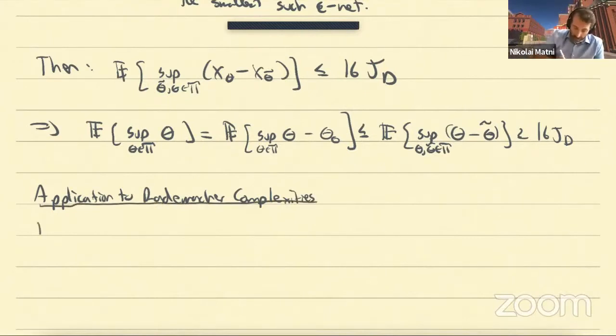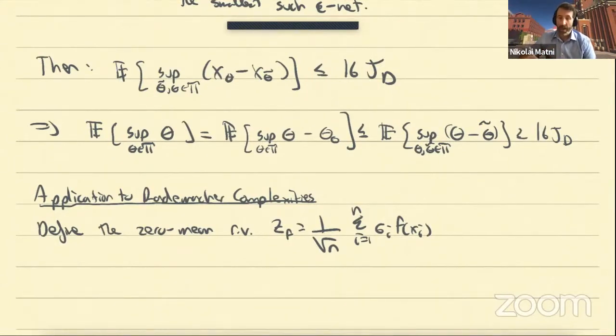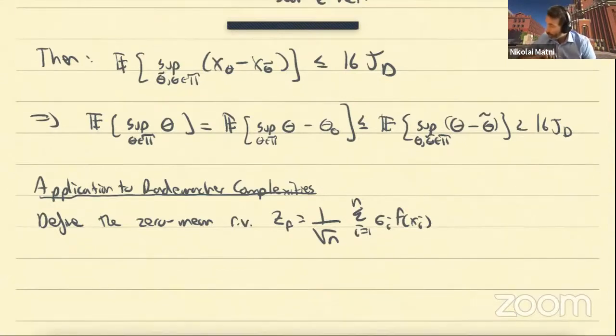Right, so we're going to define the zero mean random variable Z sub f to be equal to 1 over the square root of n of this sign-flipped empirical sum, right? So again, the sigma i's are IID Rademacher variables. So this is zero mean because I'm sticking those sigma i's in front. Okay.